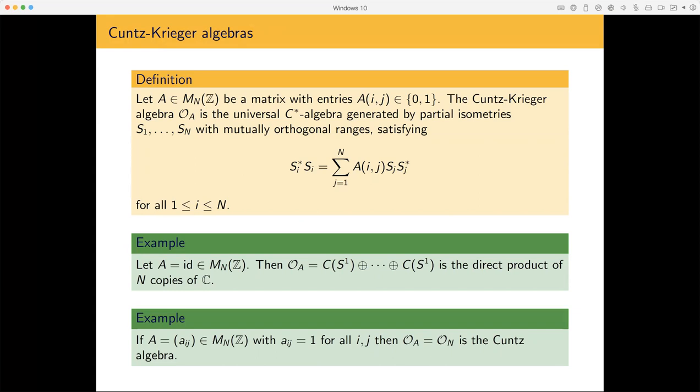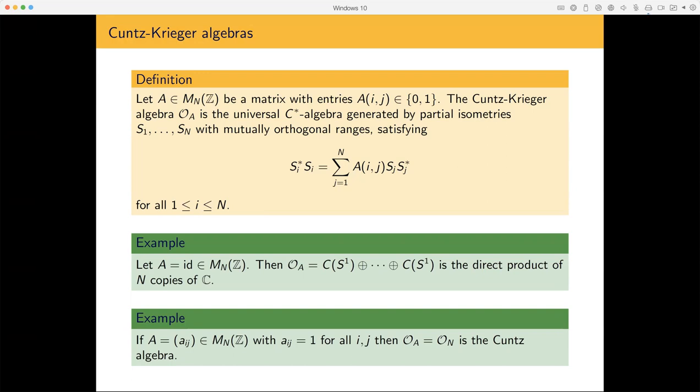Just two examples here. If you take A to be the identity matrix, then the algebra you get will be a direct sum of copies of functions on S^1.